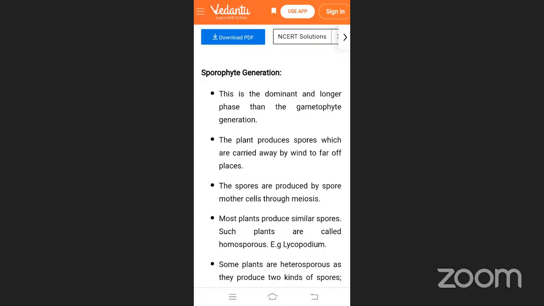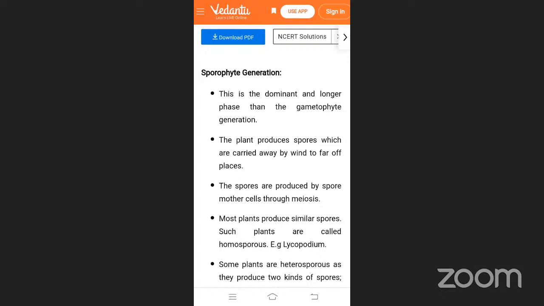As a special character, we can see apogamy and apospory only in the pteridophyta. What is apogamy? Apogamy is a Greek word. Apo means without, gamy means gametes.